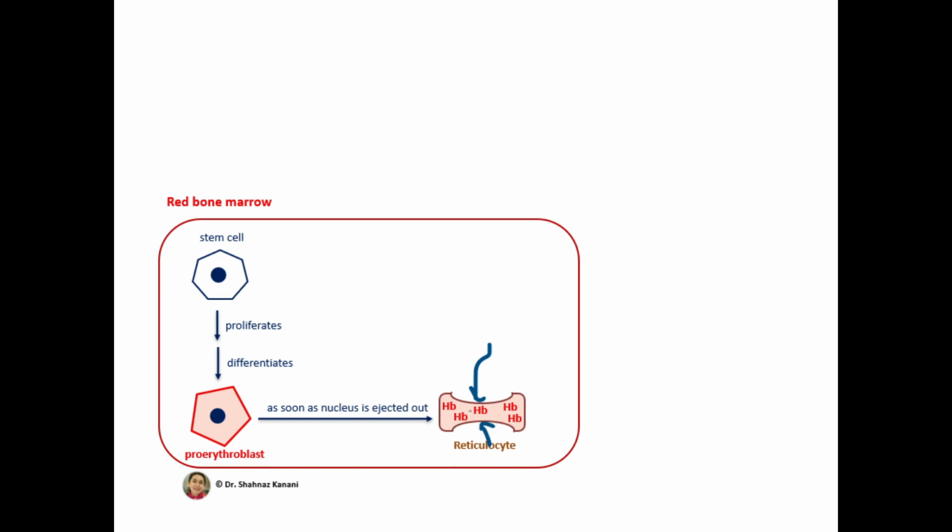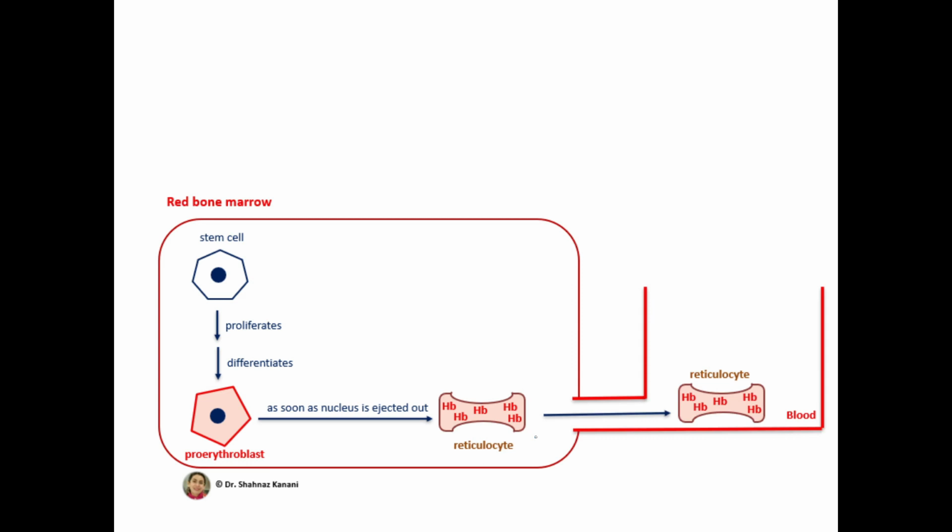The cell that has hemoglobin inside, does not have a nucleus, and is not a red blood cell yet, is called a reticulocyte. So think about it as an immature cell that is not ready to transport oxygen and carbon dioxide yet.